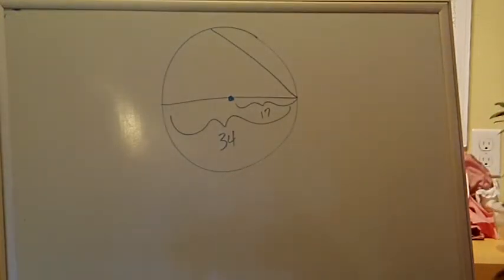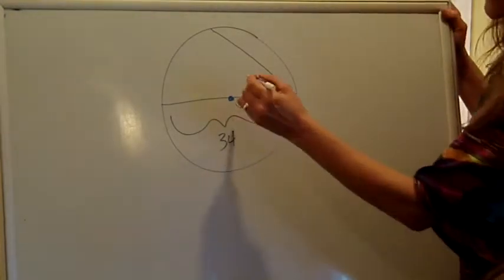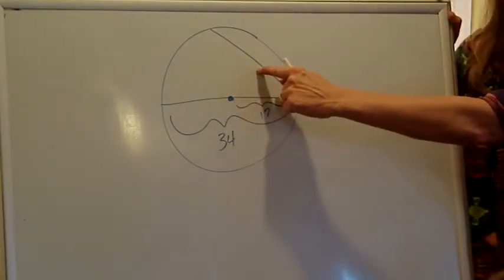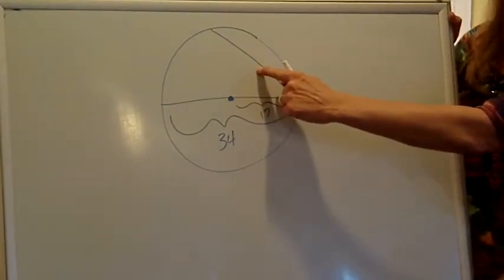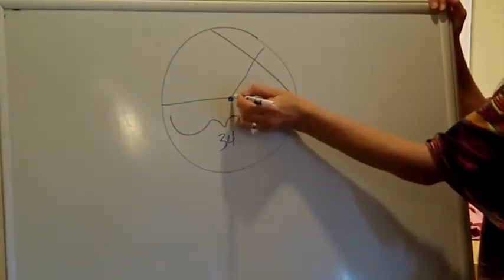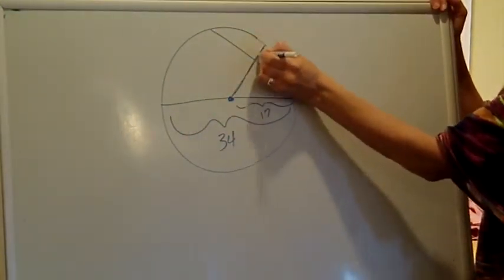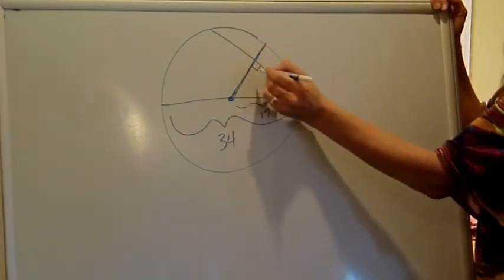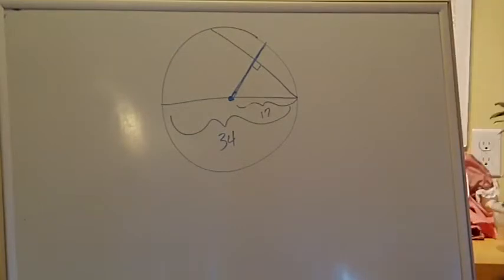Okay, let's see. What's the distance from the center of the circle to the chord? Okay, so the distance from here to here is going to be the perpendicular segment. So let me try to draw it accurately. It's not very straight, but okay, it's going to be this radius right here. Keep in mind that's a radius also. The distance will always be perpendicular.